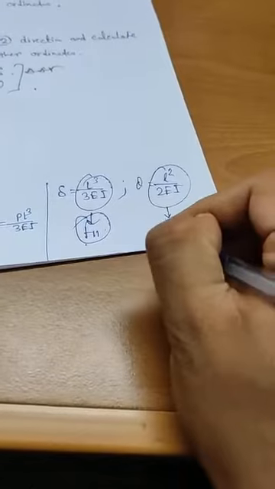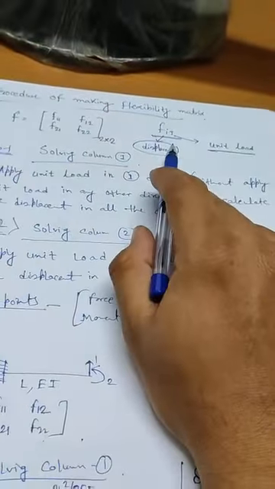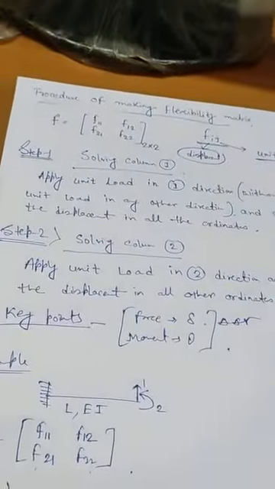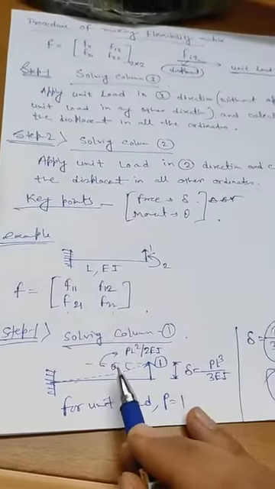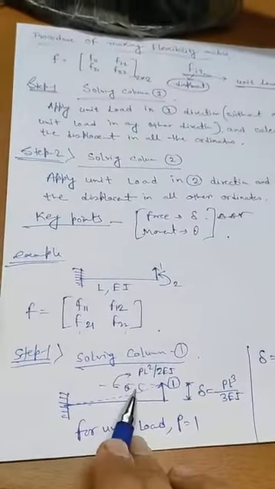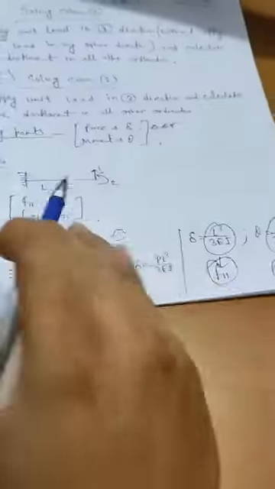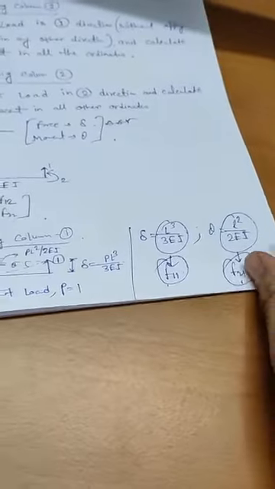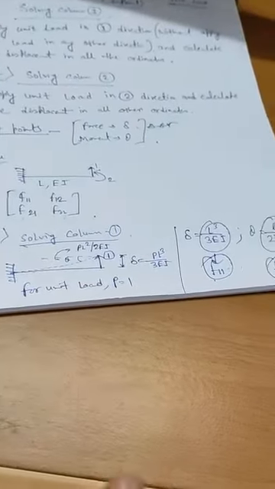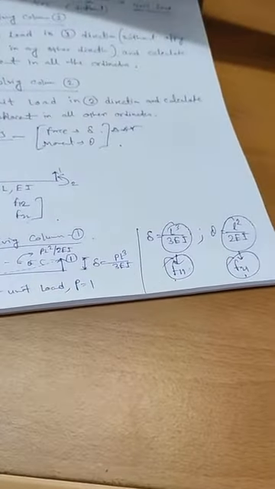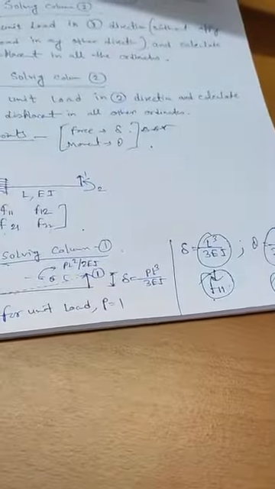So this is F21. F21 is the displacement at point 2 for loading at point 1. At point 2 the displacement is the slope. So this is the F21 value. So by solving column 1 we can find the values of F11 and F21, right?